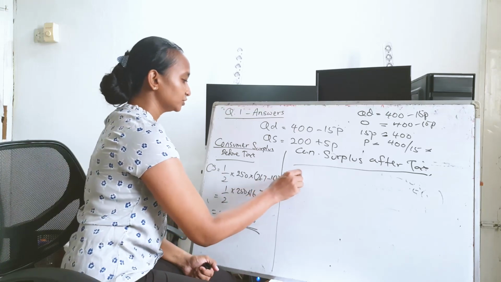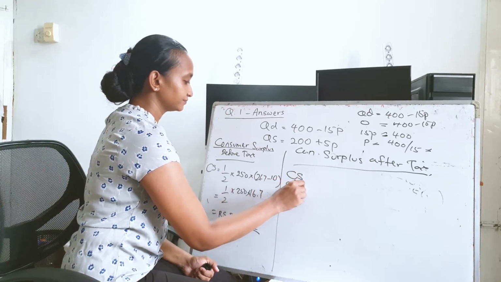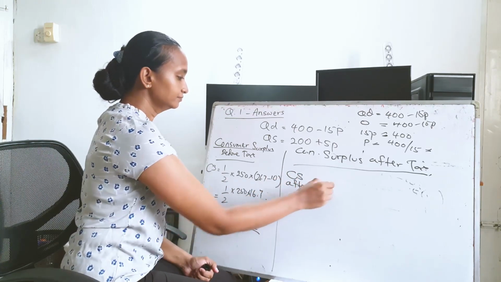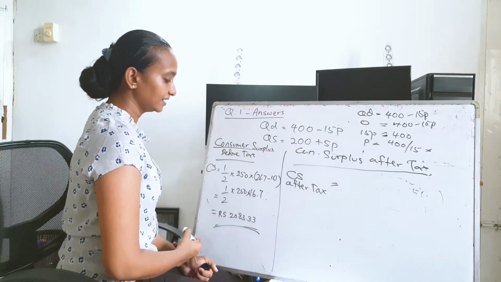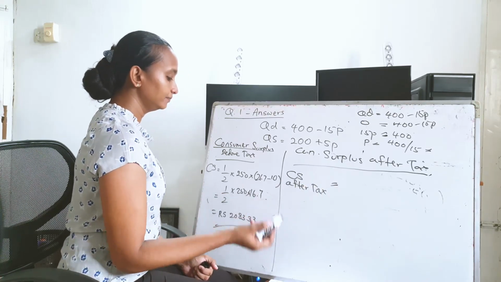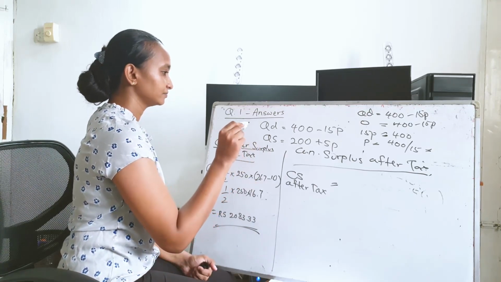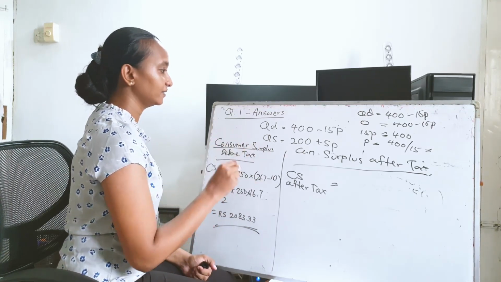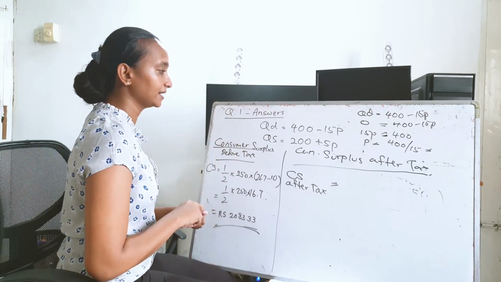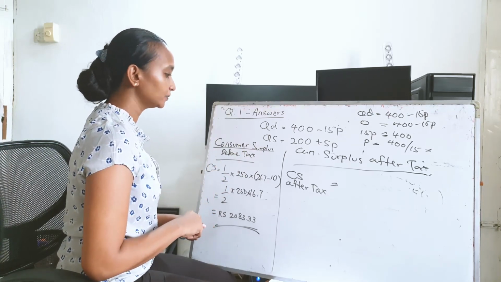Now, consumer surplus after tax. To find this, you have to find the equilibrium price and equilibrium quantity after tax.